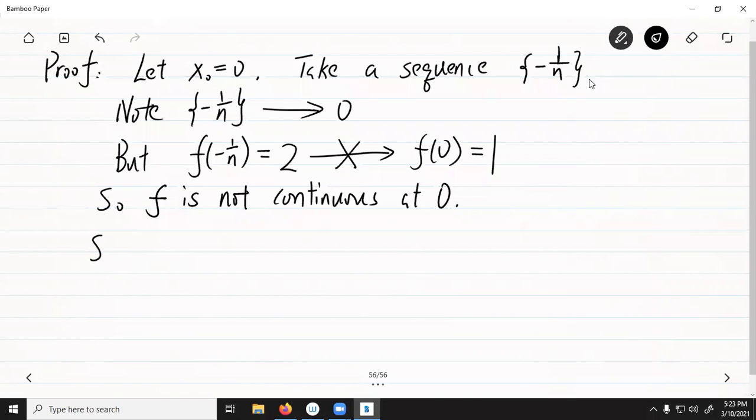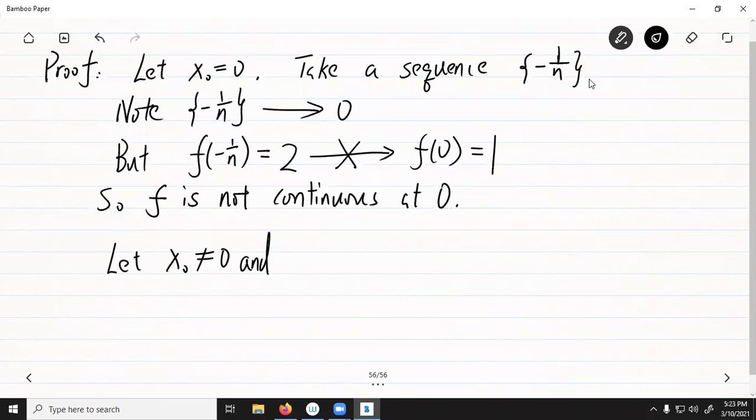Okay, so now let's look at the second case. The first case was just saying it's not continuous at 0. Now we want to prove it's continuous everywhere except 0, other places. So the next part is that x naught is not equal to 0.